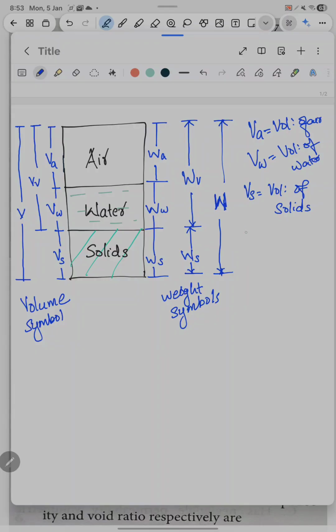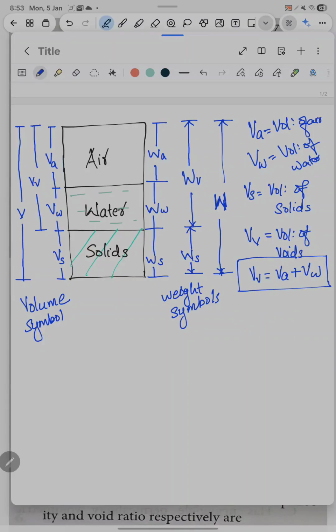Then next we are going to study the term VV. VV is volume of voids. And we can say this volume of voids is volume of air plus volume of water.